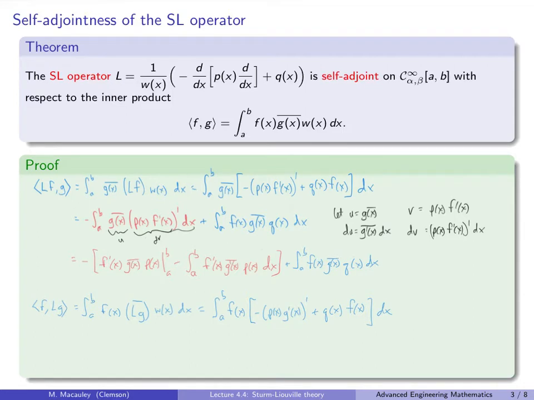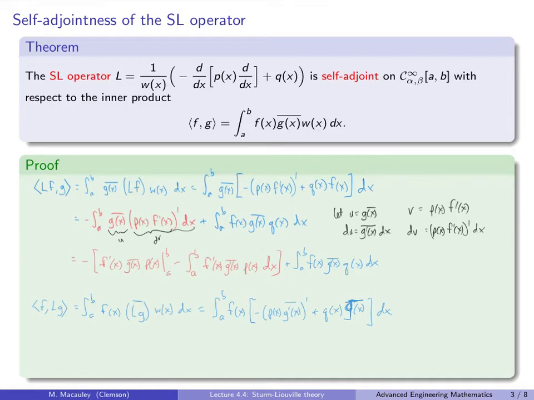Okay, so let's put a bar over g prime. Oh, I made a mistake here. I forgot to change this f to a g. So I'm just going to do that. g of x, and now I'll put a bar there.